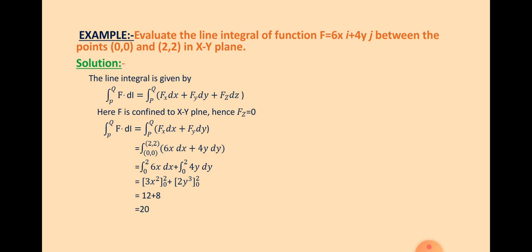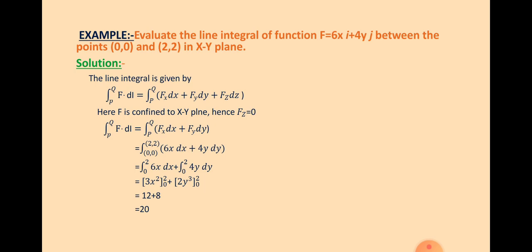We separate the integrals: first for x and second for y. Integral from 0 to 2 of 6x dx plus integral from 0 to 2 of 4y dy. We integrate the above equation.